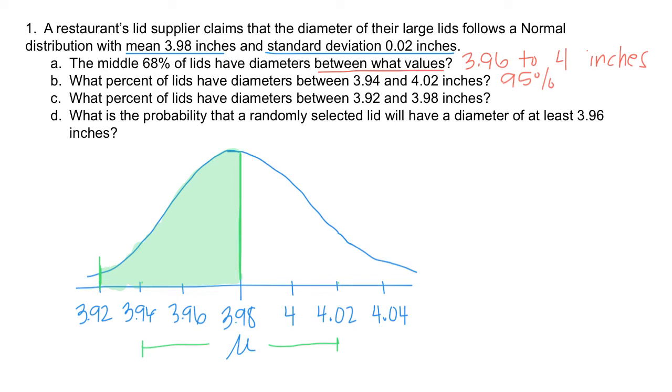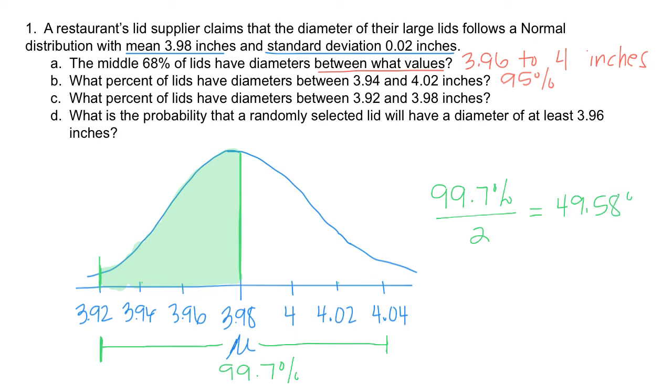Okay, so it just asked for 3 standard deviations, 1, 2, 3 standard deviations below the mean, up to the mean. If we were going 3 standard deviations below and above, that whole distance is 99.7% of the values. But we only want half of that. So we want 99.7% divided by 2, which is 49.85%.